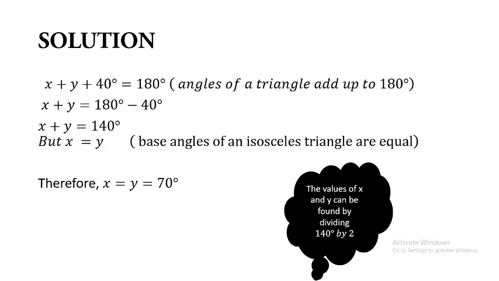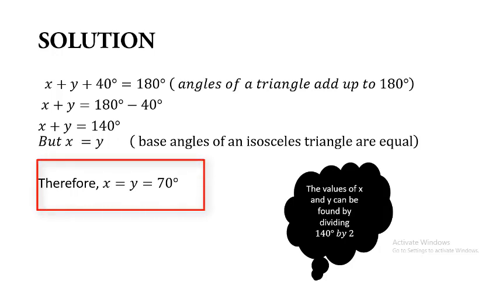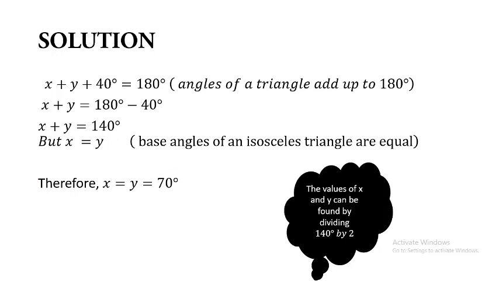So for us to find the size of each angle, we are going to divide 140 by 2. So we are saying that the values of x and y can be found by dividing 140 degrees by 2. So the answer is 70. So therefore, the angle x is 70 and also the angle y is 70.